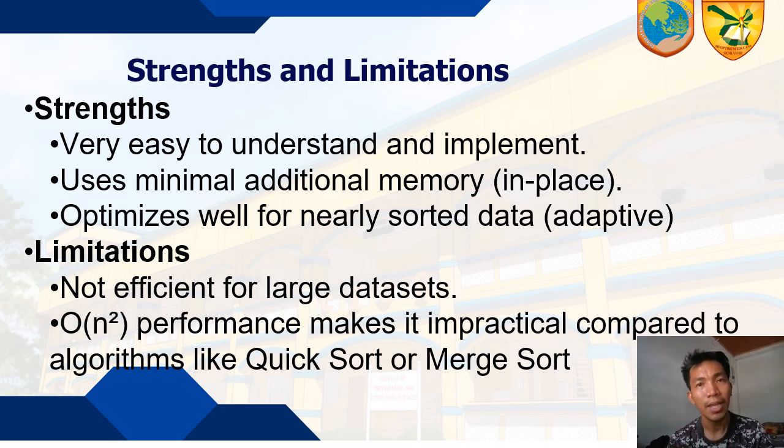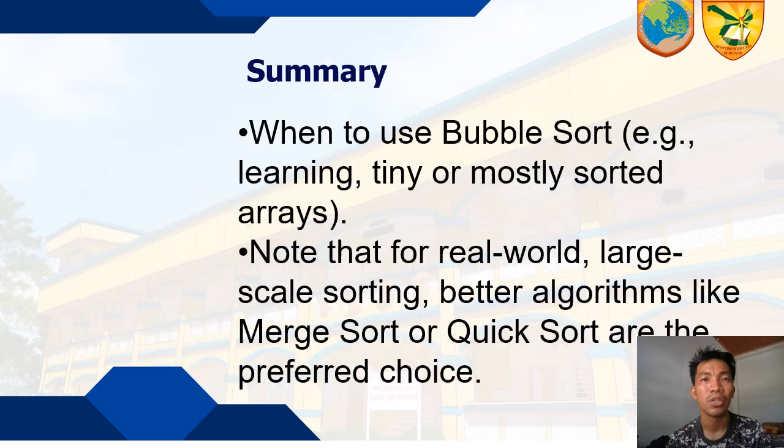So let's see how bubble sort is being compared with quicksort and merge sort in our next topic. Okay, so to summarize, when deciding when to use a bubble sort, it is for learning or for tiny or mostly sorted arrays only.